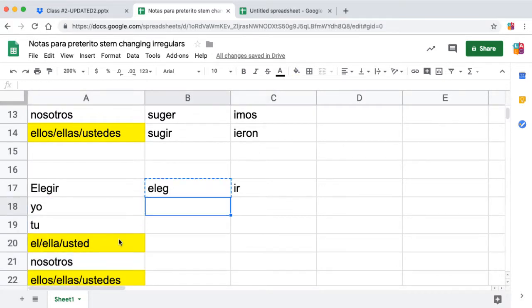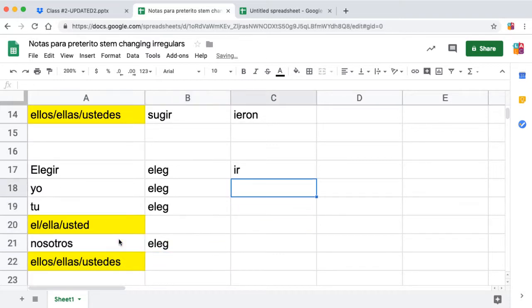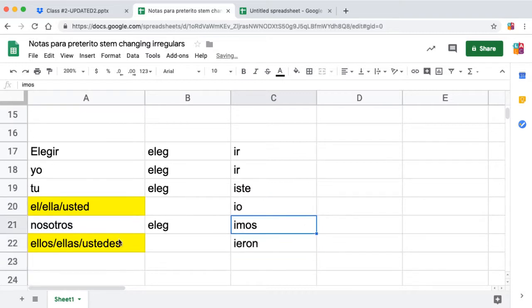So yo elegí, tú elegiste, él eligió, elegimos y eligieron. So you see, eligió, eligieron. So elegir means to choose, okay?